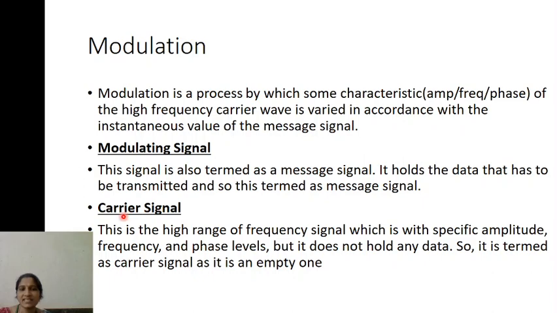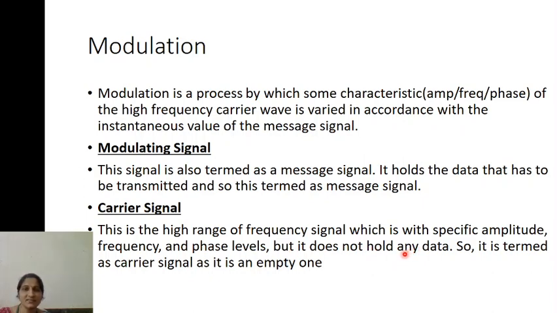The next one is the carrier signal. The carrier signal is always a high frequency signal, with specific amplitude, frequency and phase levels. But it does not hold any data.